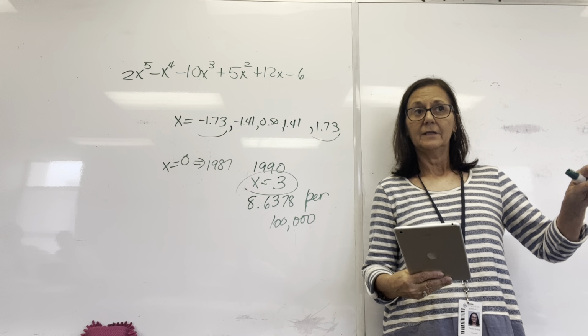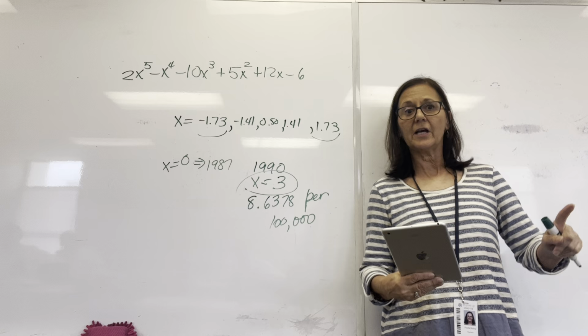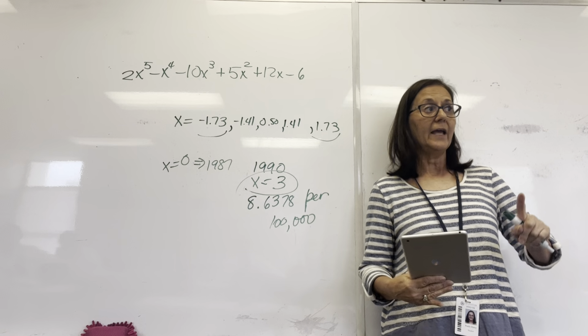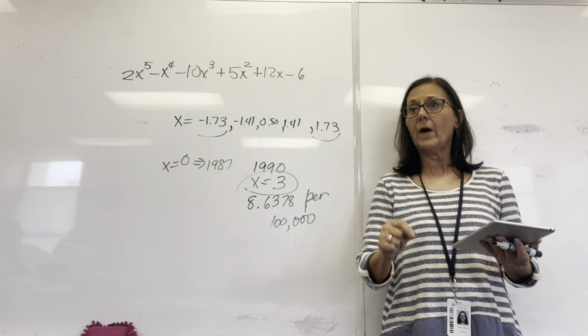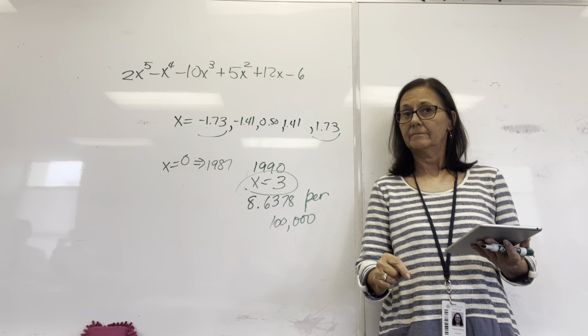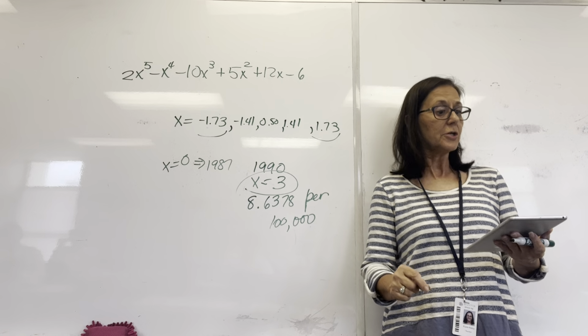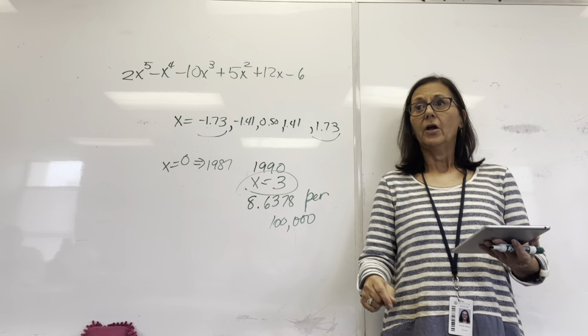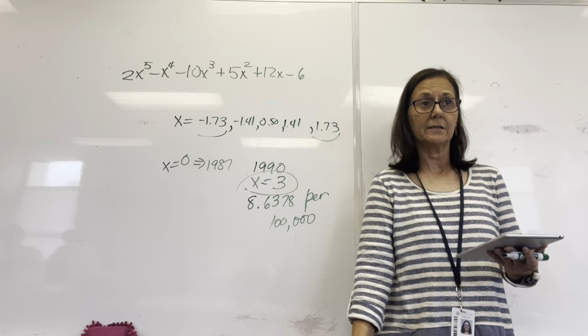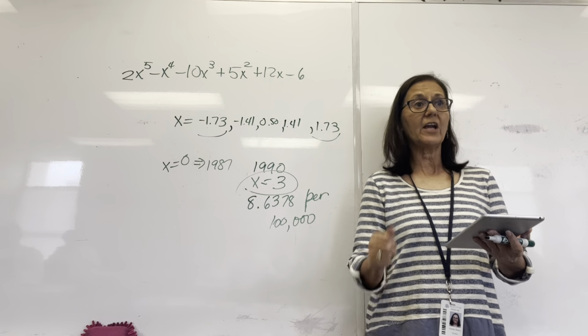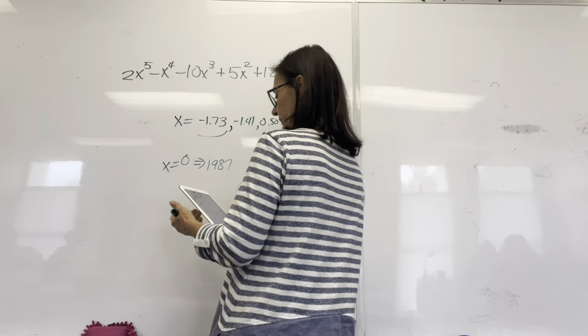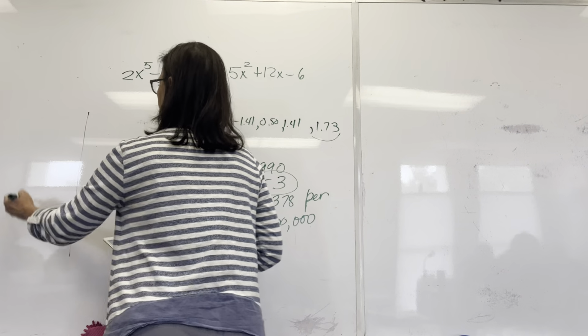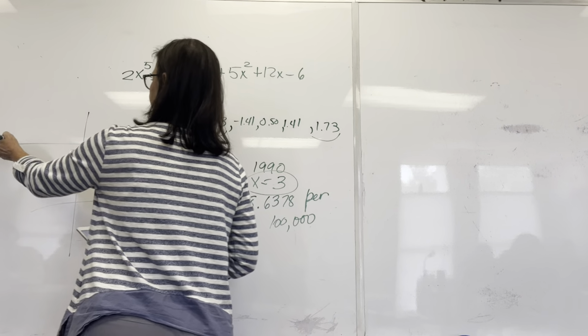So here's what you're going to do. In y sub 1, you're going to put in the equation. In y sub 2, you're going to put 8, so that you have a constant equation at y equals 8.